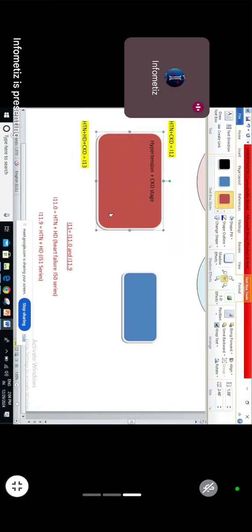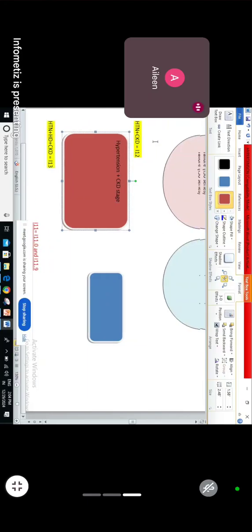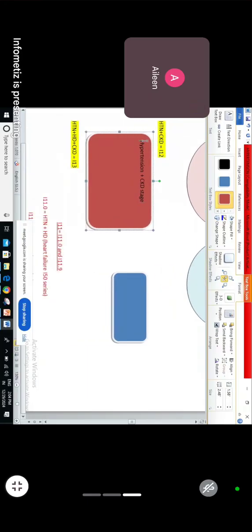How many stages do we have for CKD? 5 stages, and one last one is ESRD. So if I am using I12.9, that says hypertension plus CKD stage 1 to 4 or unspecified stage.